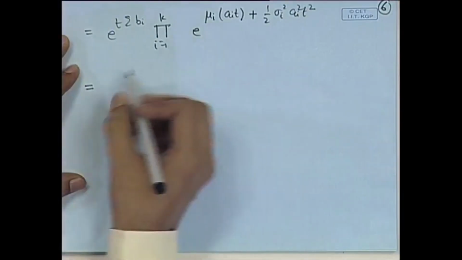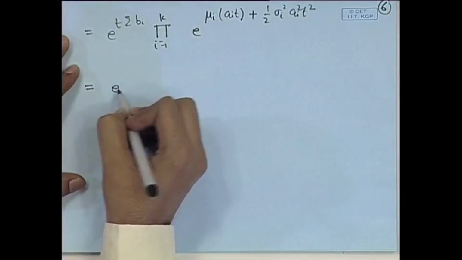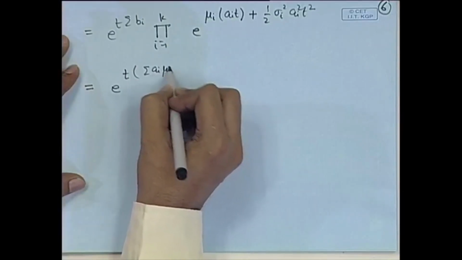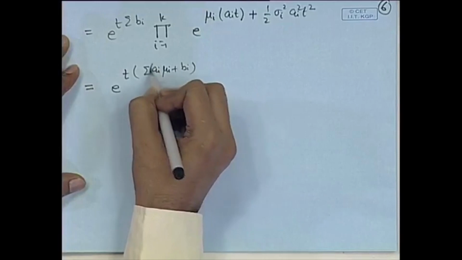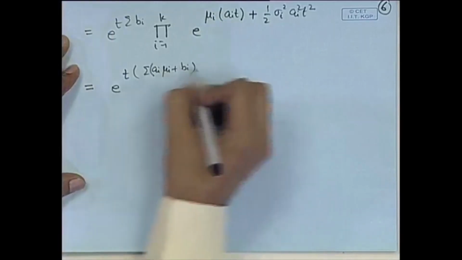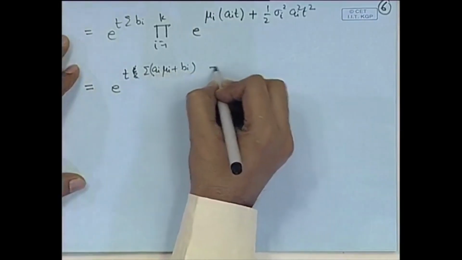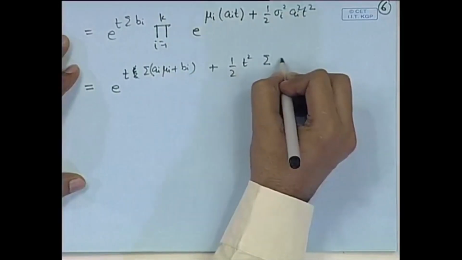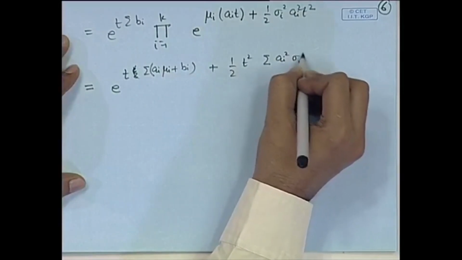So, after adjusting the terms we get e to the power t sigma a_i mu_i plus b_i, plus half t square sigma a_i square sigma_i square.